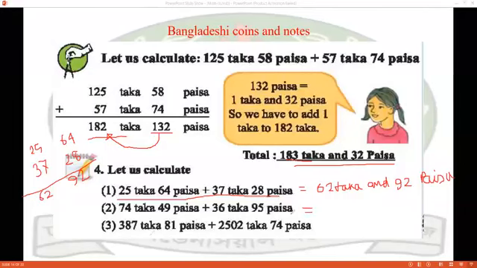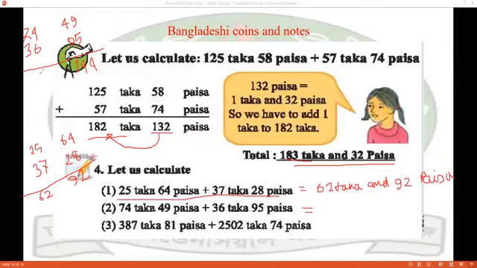In the second one, we have to add 74 taka and 49 paisa with 36 taka 95 paisa. So at first we write 74 and 36 taka, and here 49 paisa and 95 paisa. When we add 95 plus 49 paisa, we get 144 paisa.